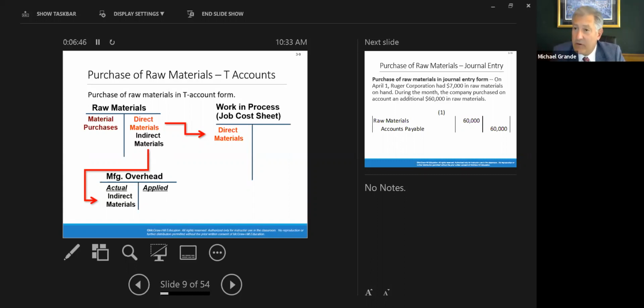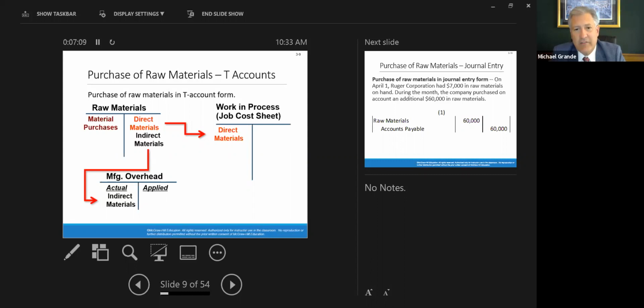Now, what's important and what we're going to see here is the work in process T account includes three things on the debit side: direct materials, direct labor, and manufacturing overhead applied.